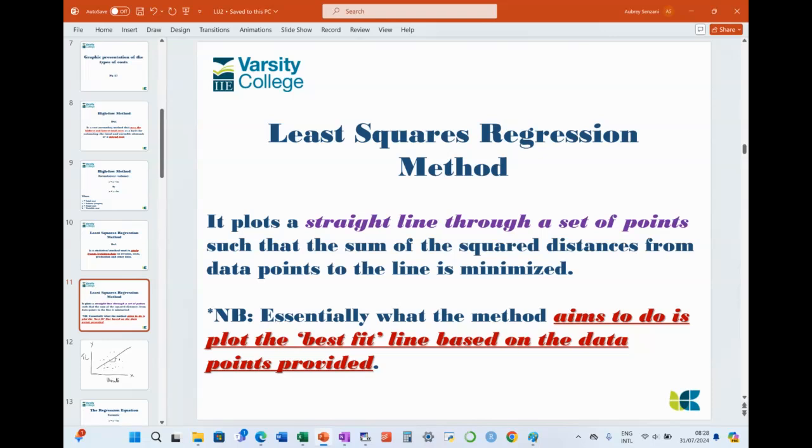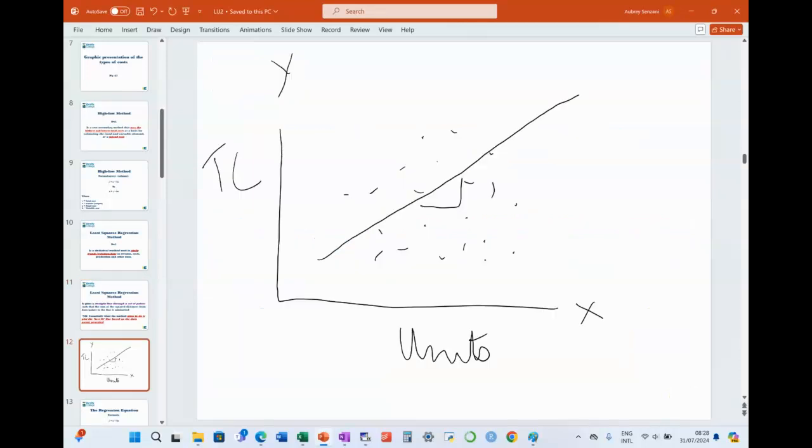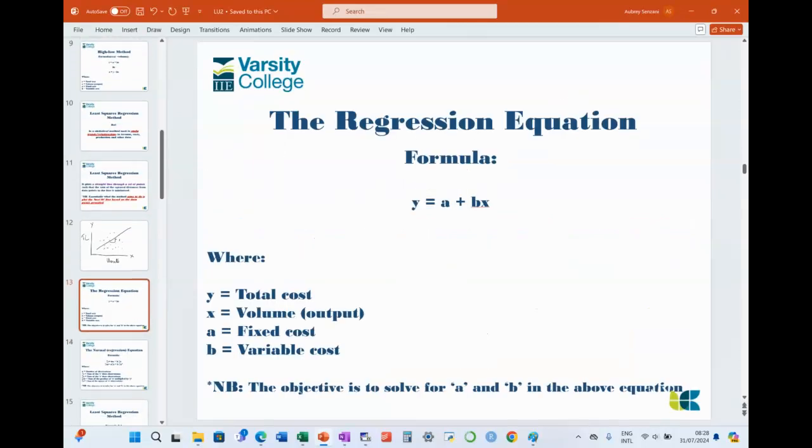I won't go too deep into this. Essentially, what the method aims to do is to plot the best fit line based on the data points provided. That's all that we are really doing here. And you guys know how to do this with your calculators. Do you know how to calculate? Because the objective is obviously to calculate B and to calculate A.